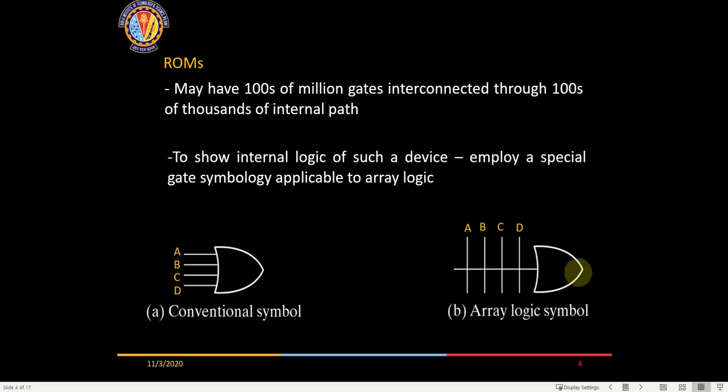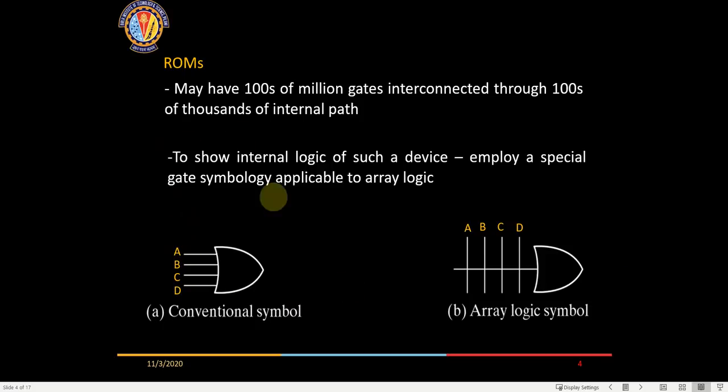It means the same, only the representation is different. It's an array logic only. We'll use this symbol for an OR gate instead of this, so that it becomes easy for understanding and is not clumsy.